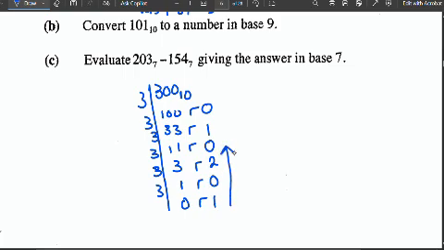Now we take the remainders going up. So it's 1, 0, 2, 0, 1, 0, base 3. That's it.